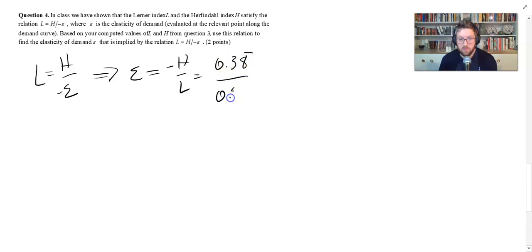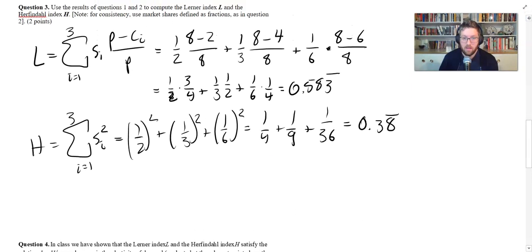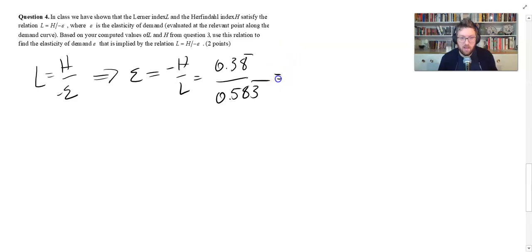Our L is 0.583 repeating, I believe. Yep. So what's this imply? Our elasticity will be 0.6 repeating, basically 2/3.